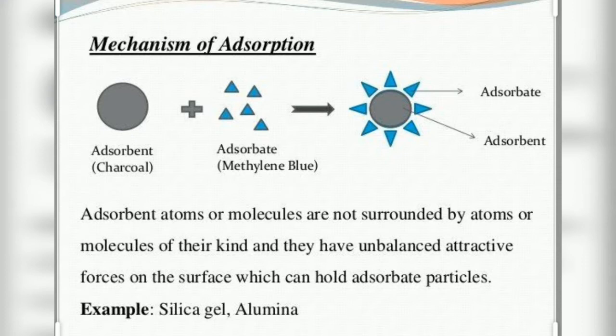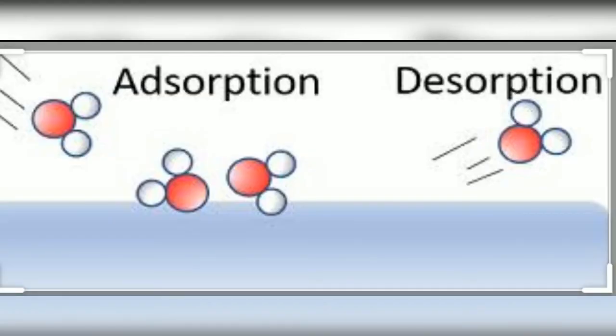It can be solid-liquid, liquid-vapor, solid-gas, it can be any combination. The substance on whose surface the concentration occurs is called the adsorbent, and that taken up on the surface is called the adsorbate.